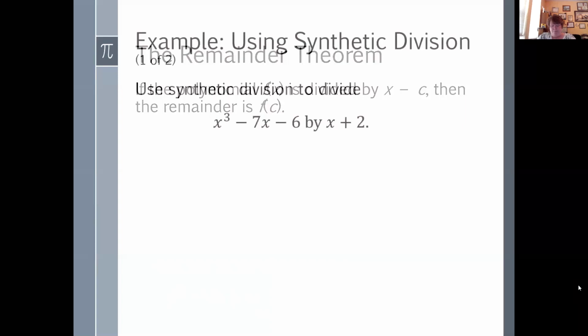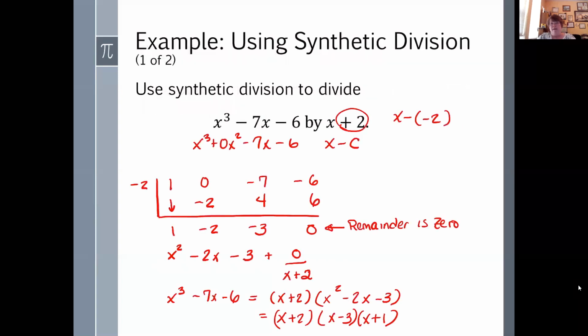For example, if we evaluated the function x to the third minus 7x minus 6 at negative 2, we would get 0. That's the remainder when we did that division. So whatever the remainder we get when we do this division is the function evaluated at that number.